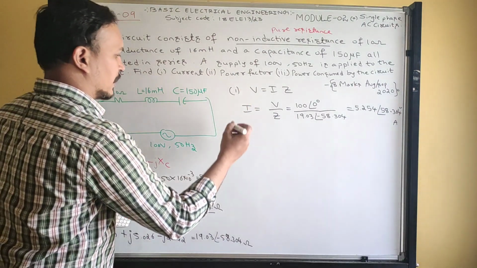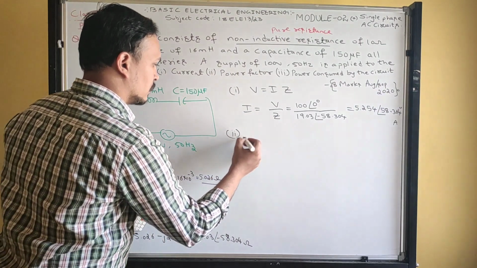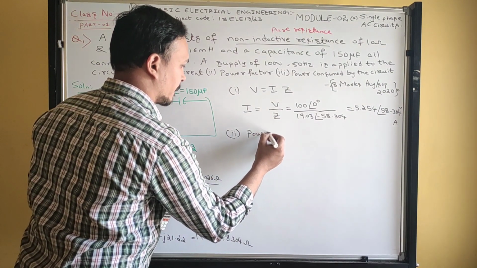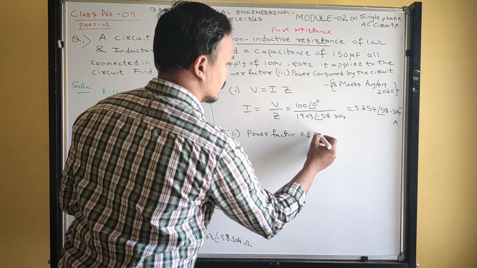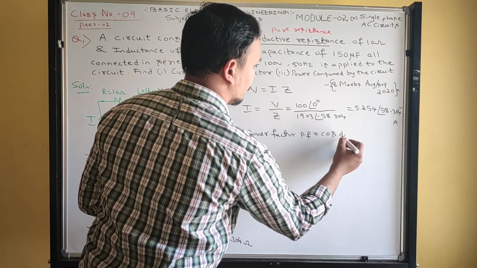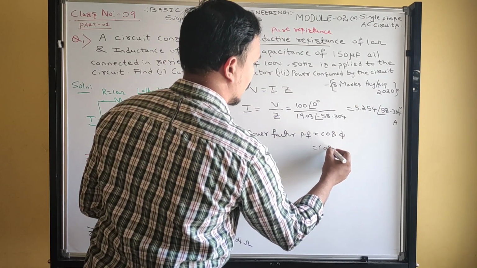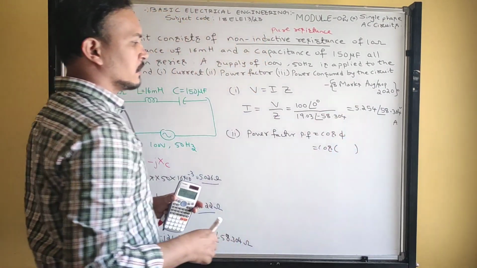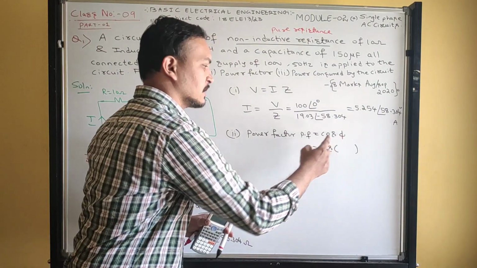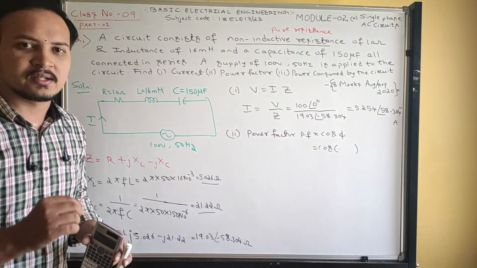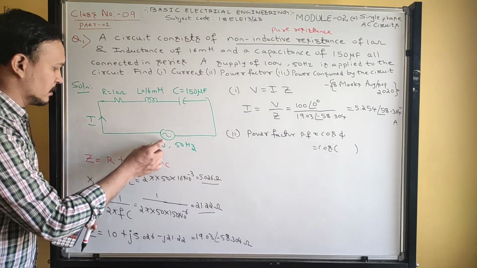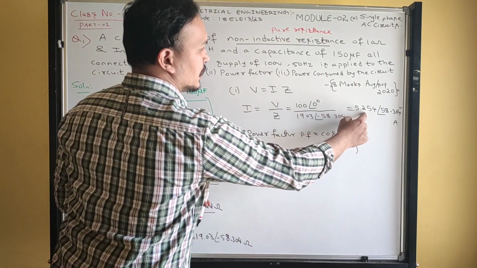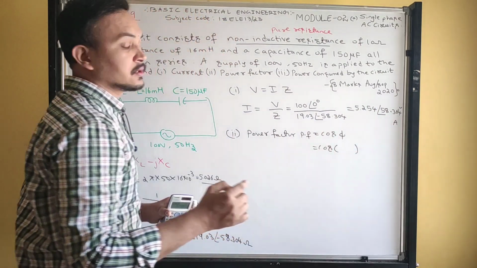Next is power factor. The power factor formula we can use is cos phi. What do you mean by phi? It indicates the angle between voltage and current. This is the voltage, 100 at an angle 0 degrees. What is current? 5.254 at an angle of 58.304.